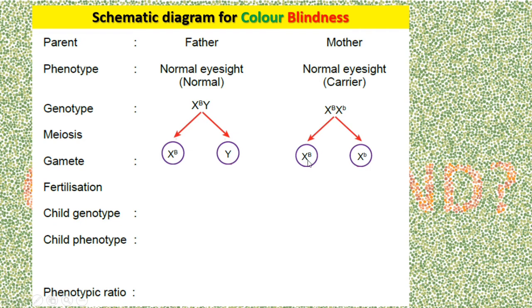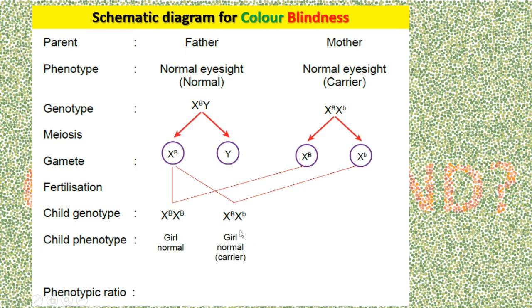Okay, random fertilization, so it will produce child genotype X capital B, X capital B will produce girl normal, and X capital B X small b will produce girl normal, carrier. Okay, and this one X capital B Y is boy normal, and this one we produce genotype X small b and Y, boy with color blindness.